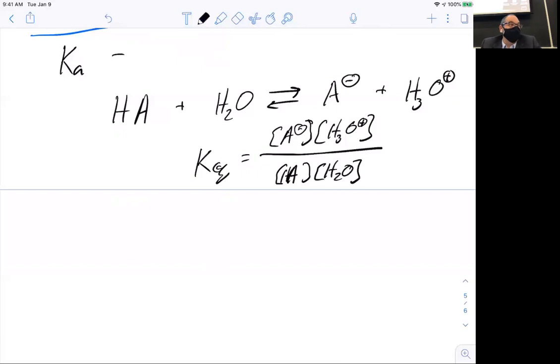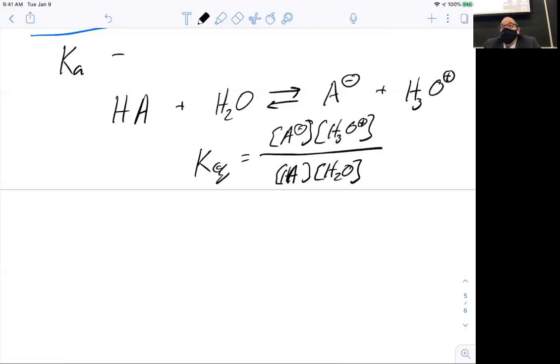Since most of the reactions we're going to assume are in water, and if they're not in water, we assume that they would be. We need to make an assumption, because if we look at the Keq for normal acid-base reactions, especially those reactions that are water soluble, what's the concentration of water always going to be?